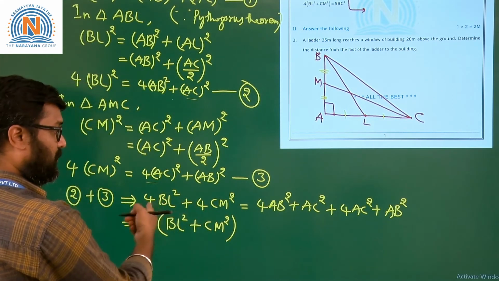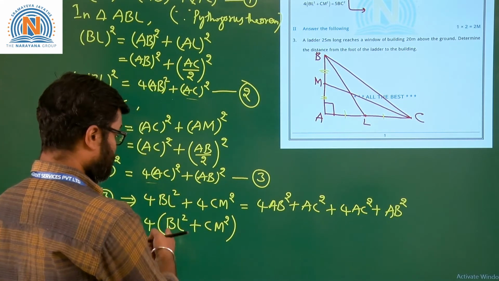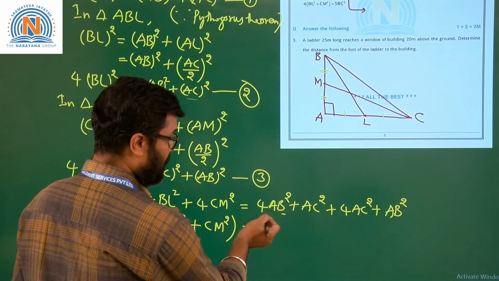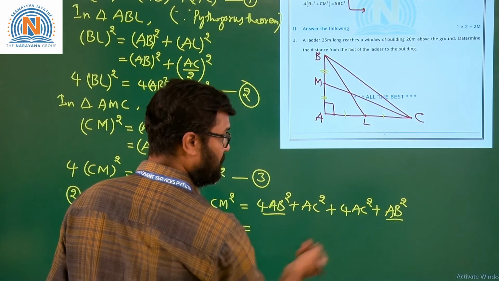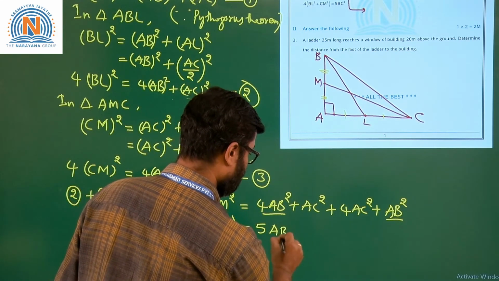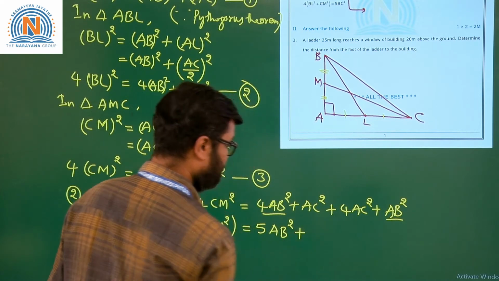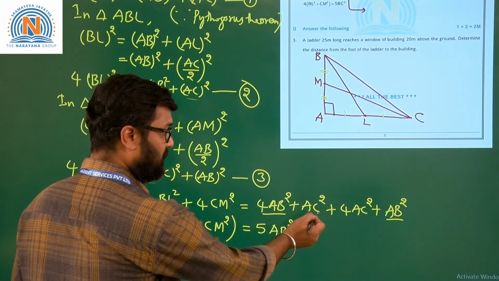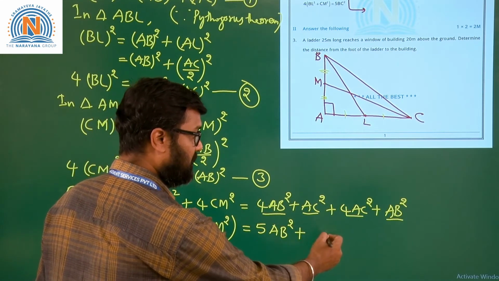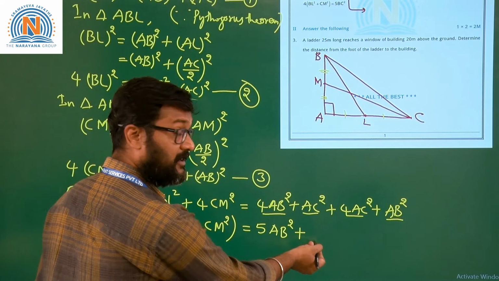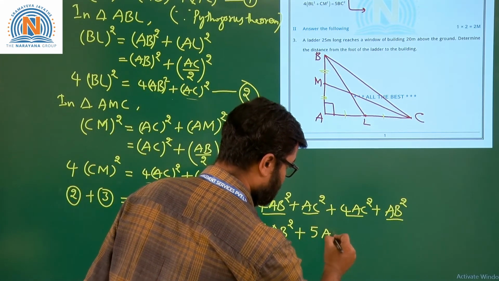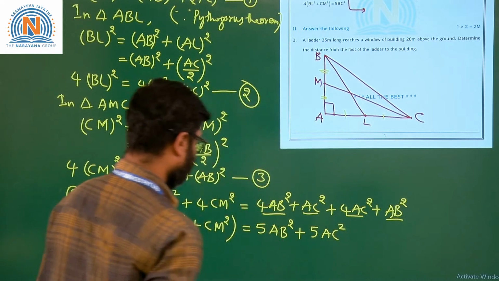So if I take 4 common from both terms, BL square plus CM square is equal to, see children, here 4 AB square is there, here AB square is there, that means 5 AB square plus, here AC square is there, 4 AC square is there, it will be 5 AC square.